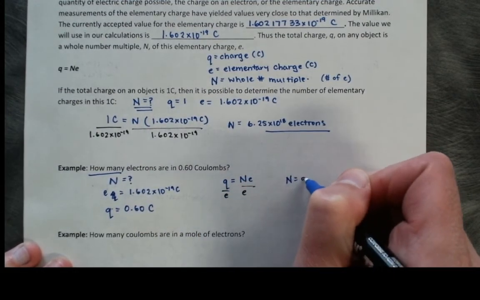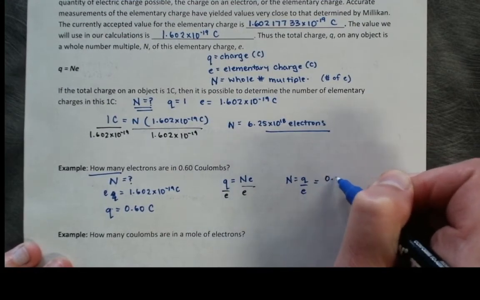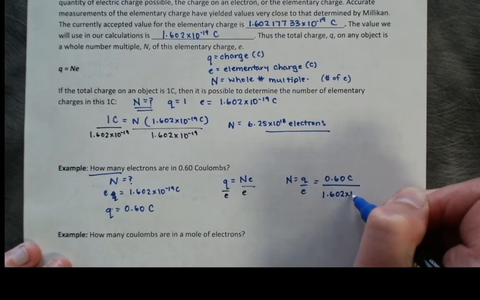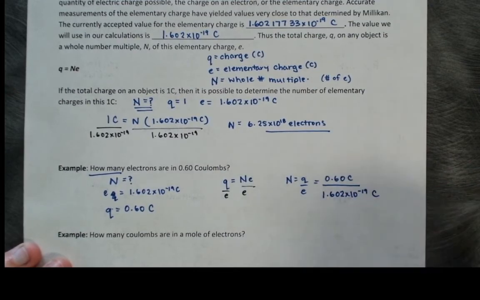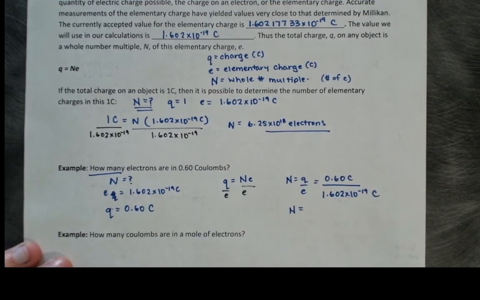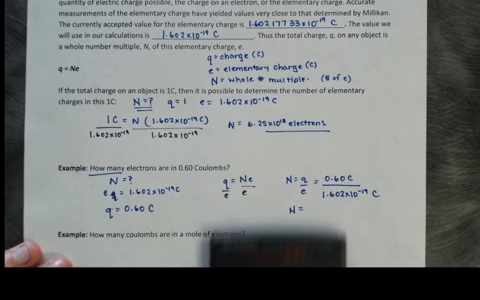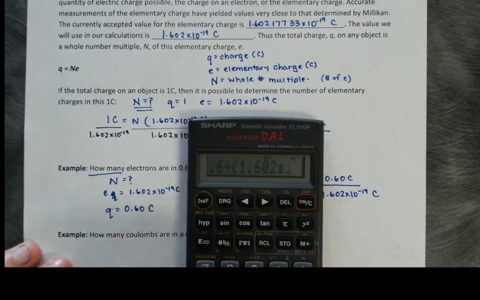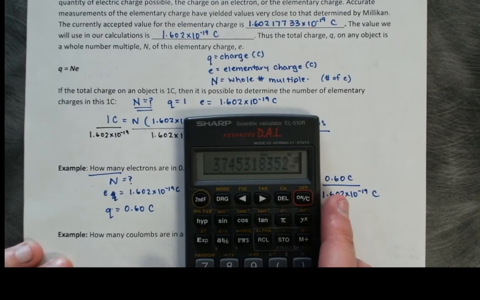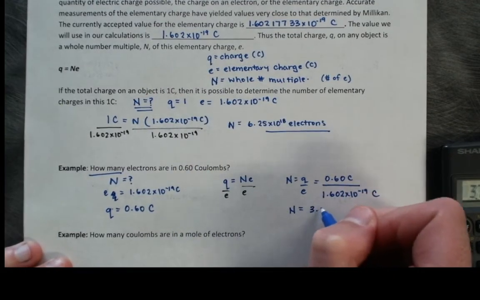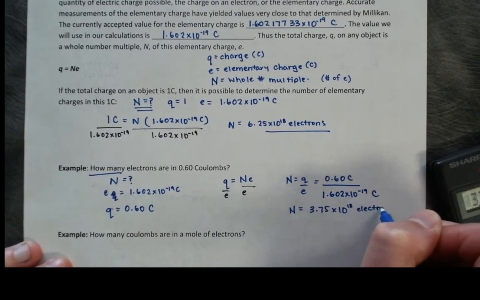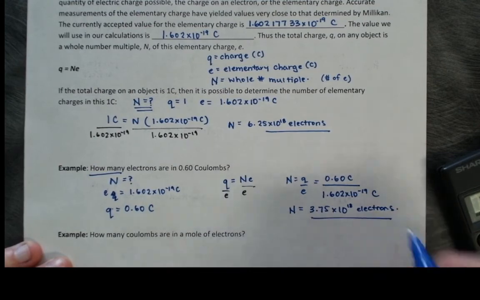So N equals Q divided by E, which is 0.60 coulombs, divided by 1.602 times 10 to the negative 19 coulombs per electron, you end up with 0.6 divided by 1.602 times 10 to the negative 19. So 3.75 times 10 to the power of 18 electrons. Okay?